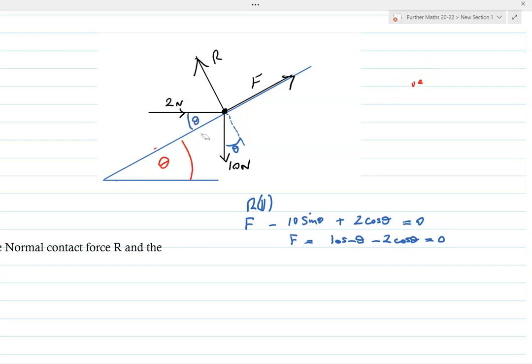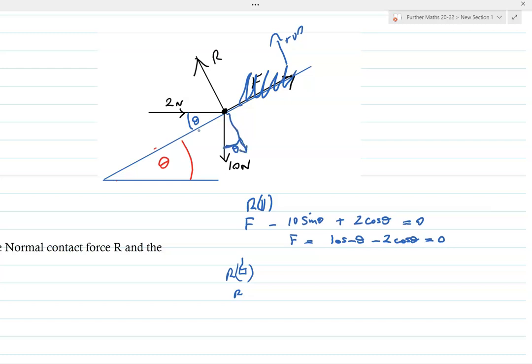So again, this time we'll take this way as positive, and this time the frictional force is not going in, it's going perpendicularly to that, so that's not going to come into our equations, and the R, the 2 and the 10 Newton forces are going to come into our equations. We'll take upwards as positive, so no need to fuss about the R, doesn't need to be resolved. Then we can do the component of the 10 Newton force, which kind of goes into the plane like this.